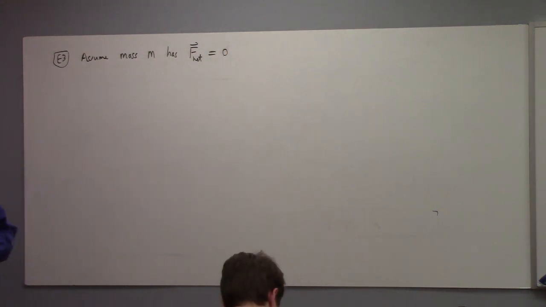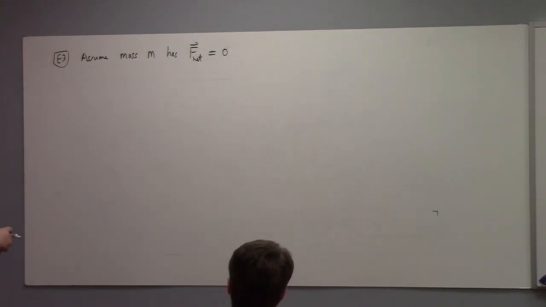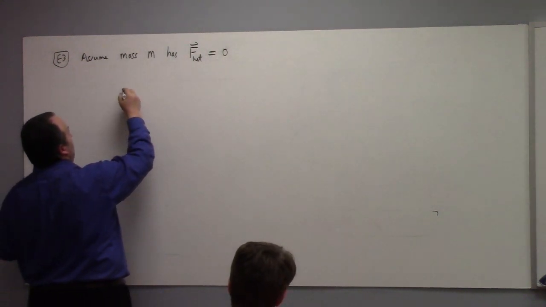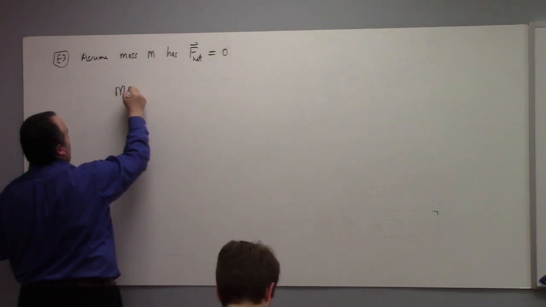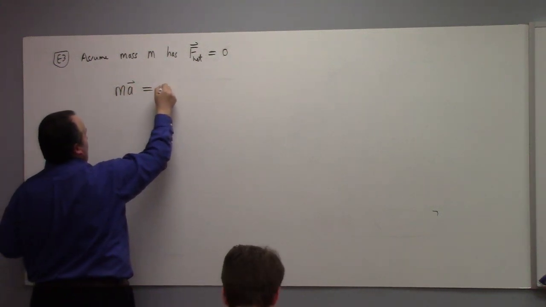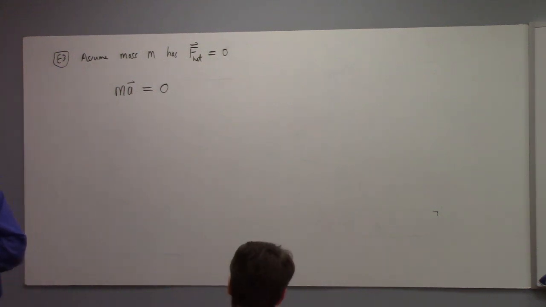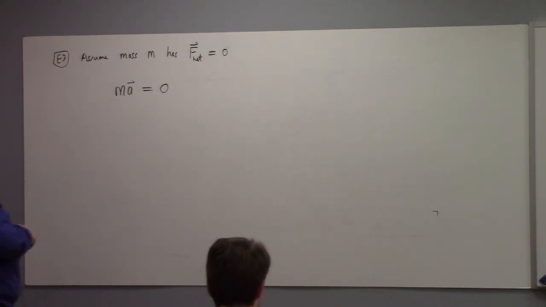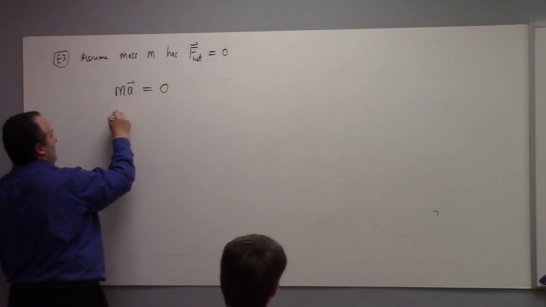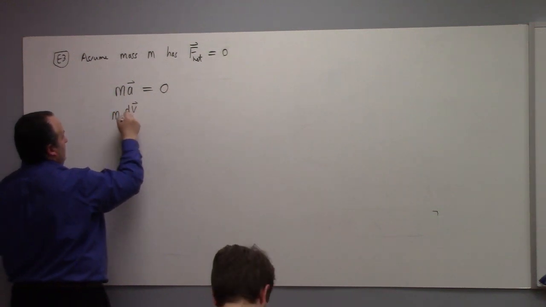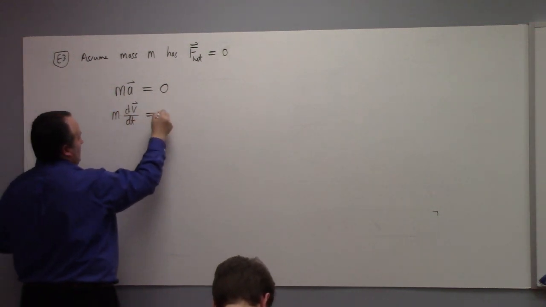Let's find the motion. So what are we up against here? We have mass times acceleration is equal to 0. Can we solve this? We can. This is m dv/dt equals 0.